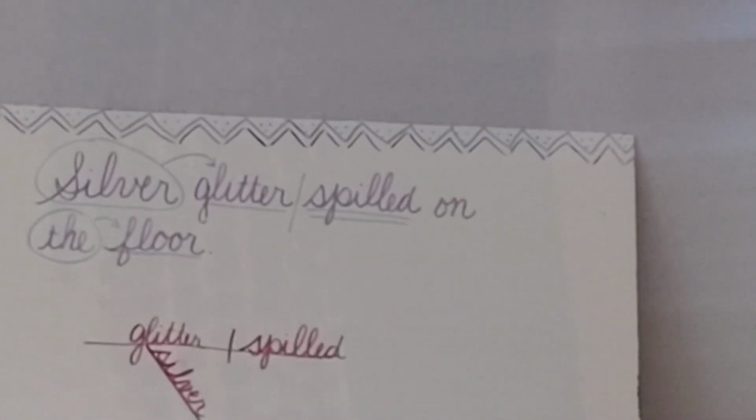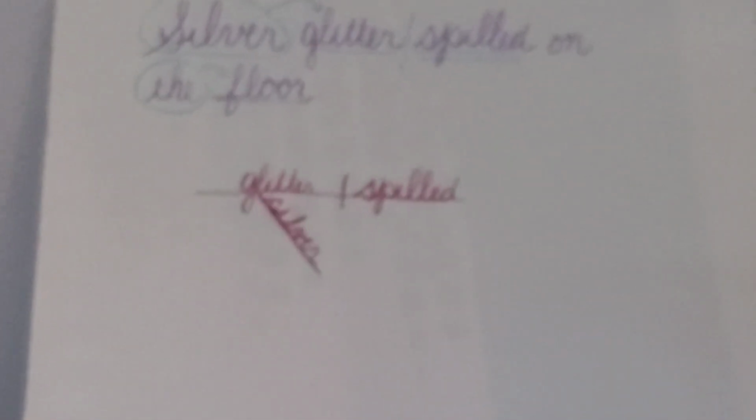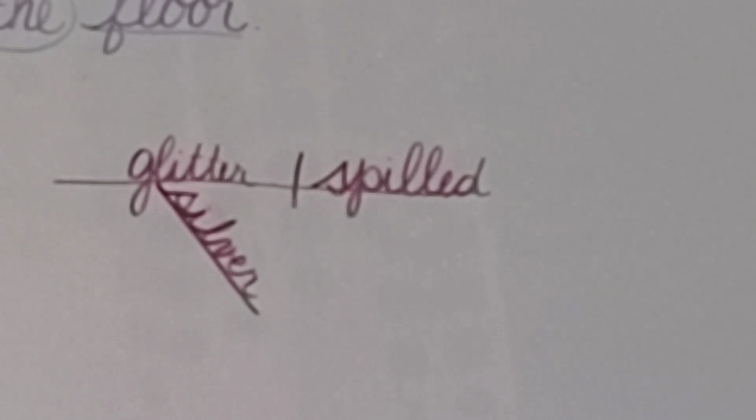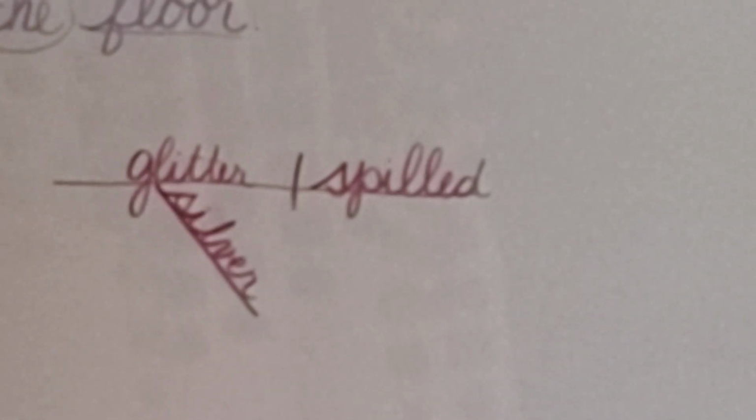So you're going to write the word silver underneath the word glitter that's there. You see how the word silver is right under the word that it's describing. That's how you would do the diagram.